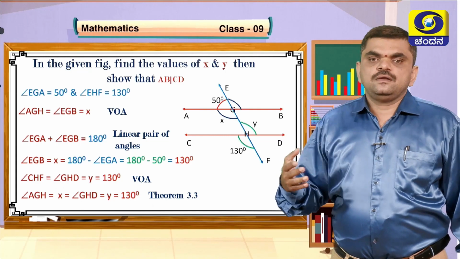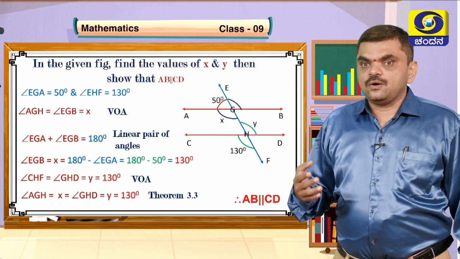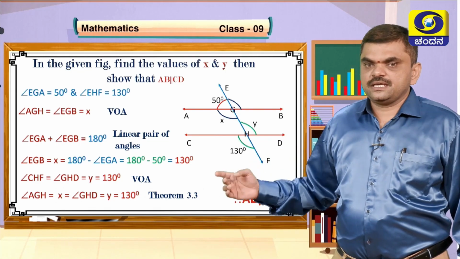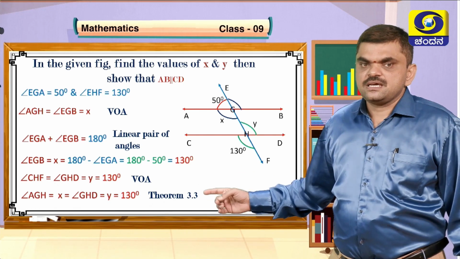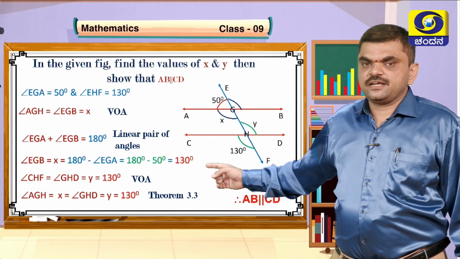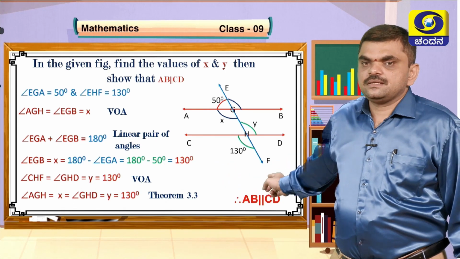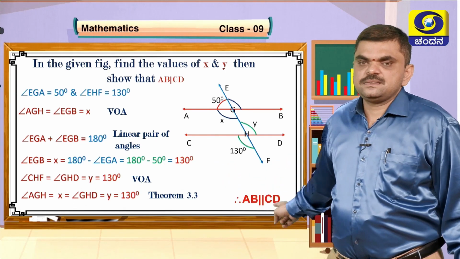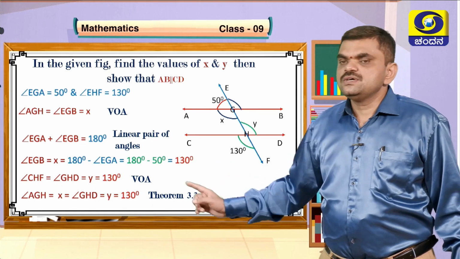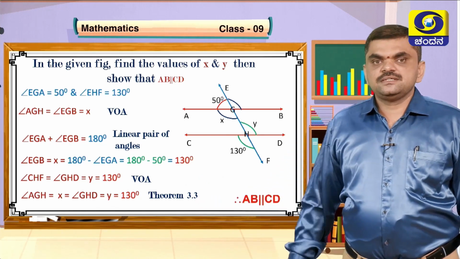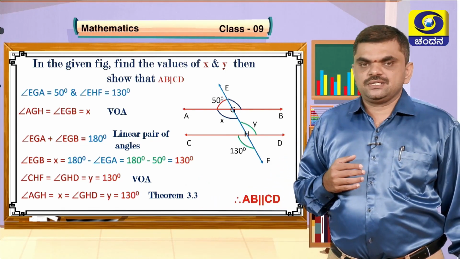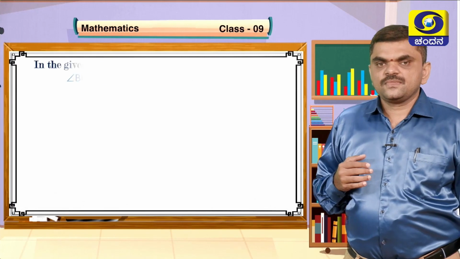We can solve like this, children. Now theorem 3.3 says if alternate interior angles are equal, then those two lines are parallel, hence AB is parallel to CD, children. This is how we showed here, children.